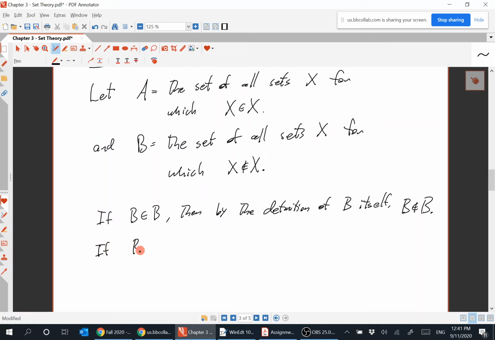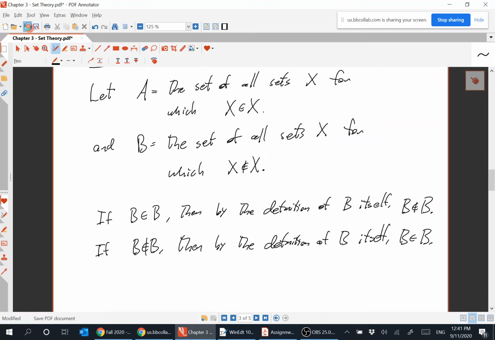So start with the other assumption: if B is not in B, then by the definition of B itself, B is an element of B. Huh, weird. So if you assume B is an element of itself, then by its own definition, it's not an element of itself. If you assume B is not an element of itself, by the definition of B, B must be an element of itself.